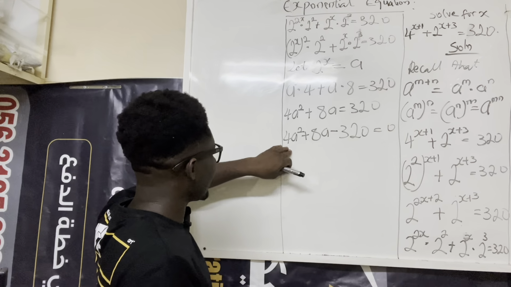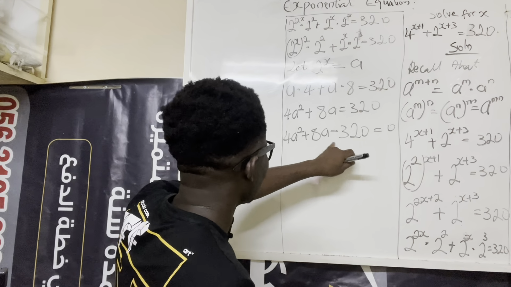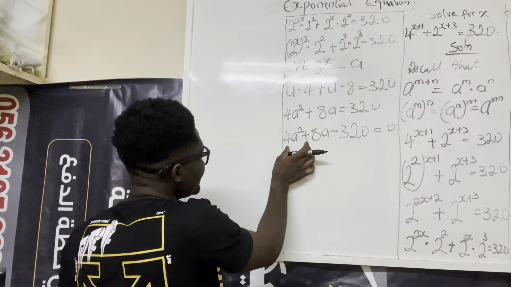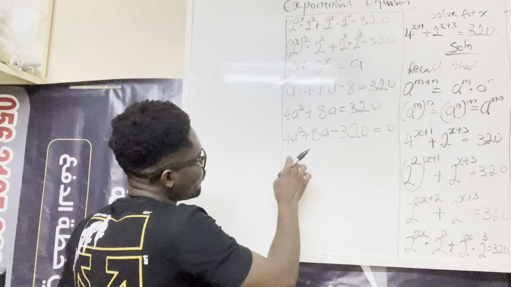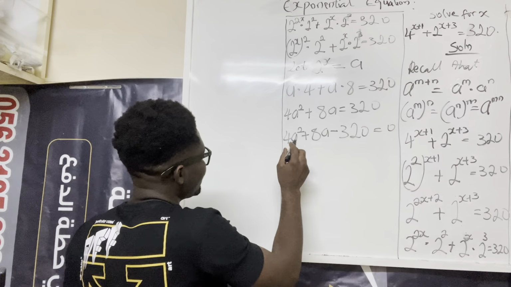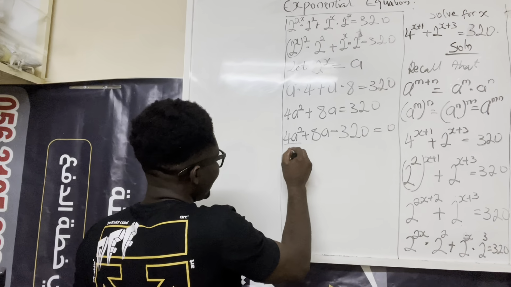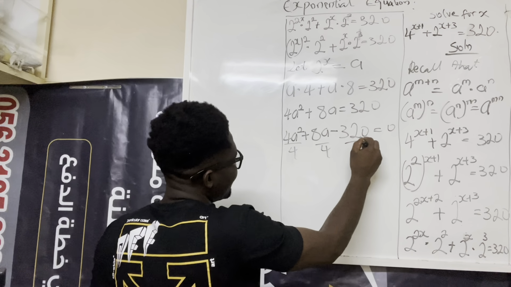And looking at this one now, 4 is a common factor of 8 and 320. So I can divide all of them by 4 so that I can reduce the numbers to the simplest form. I divide all by 4.